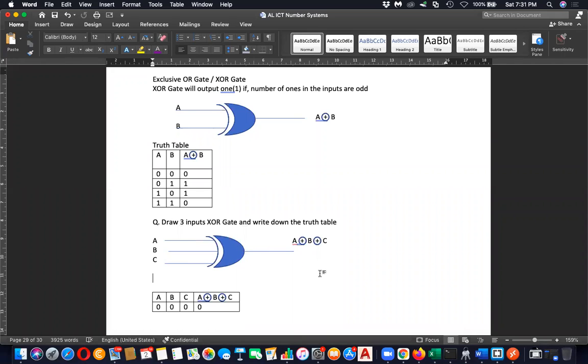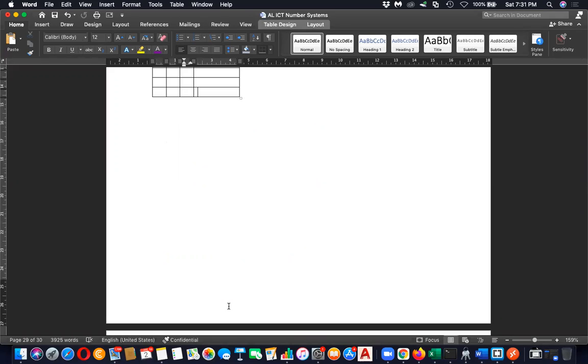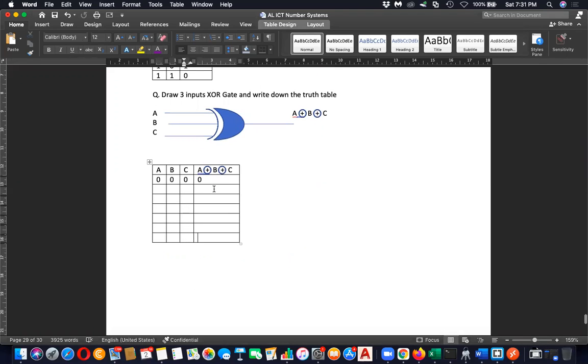Filled, completed. So what are the combinations? Combinations you can write are number system combinations. 3 inputs means 8 combinations altogether. The pattern is 0, 1, 0, 1, 0, 1, 0, 1.